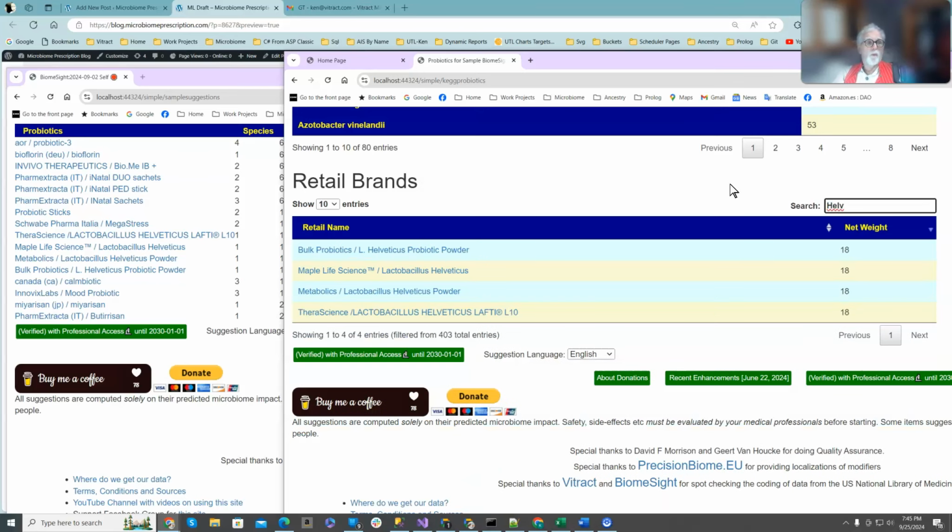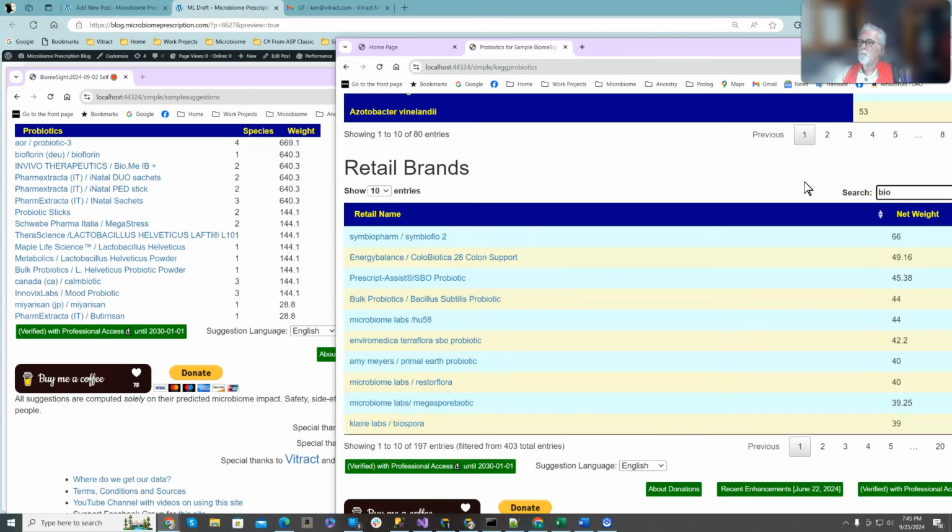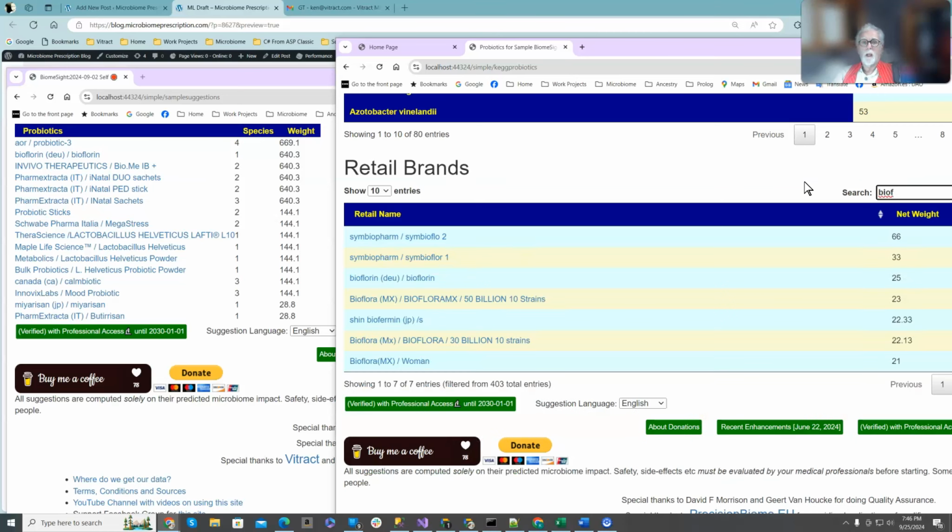Helveticus is there with a positive impact. And we can go in and Muricin is there, and Bioflorin is there. And then we have Bioflorin 25. So you can cross compare, and the ideal thing is to keep the probiotics which are on this list and which are positive value here.